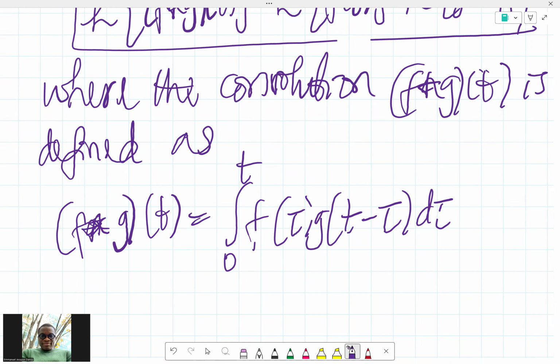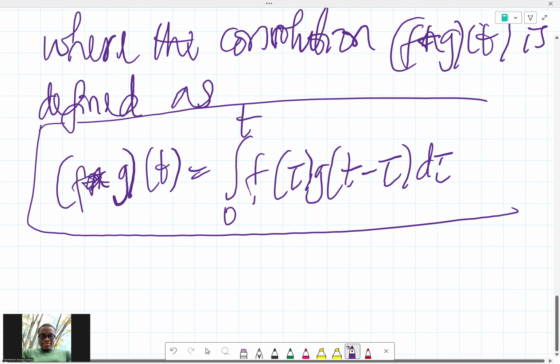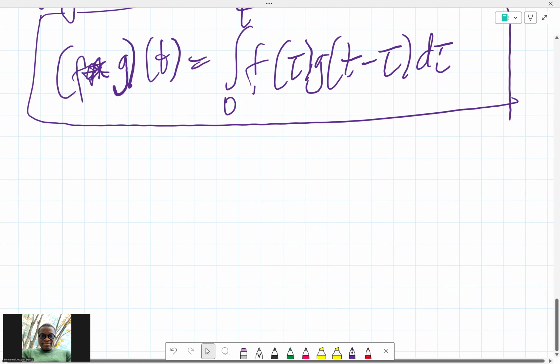We used this previously to get the inverse of convolution, and at the end of everything, I'm just going to refresh memory on this again. So this is another very important one. Okay, so let's look at an example or two.